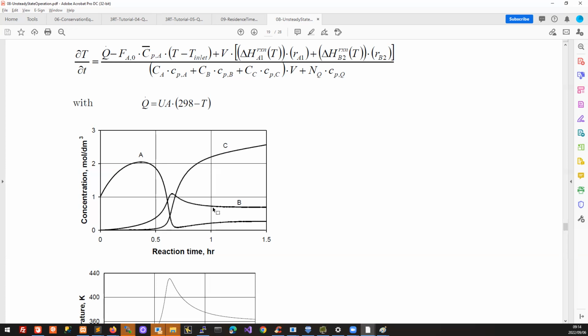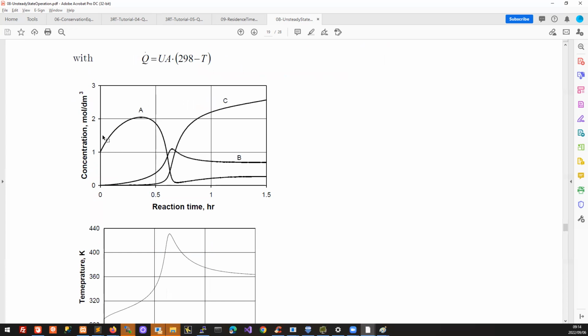So B is still being converted to C. So then C concentration keeps rising and B concentration keeps dropping. And then there comes a point where the first reaction is not producing much more B, and the concentration of B is low enough that the second reaction rate also suffers, and then the amount of C starts leveling off.